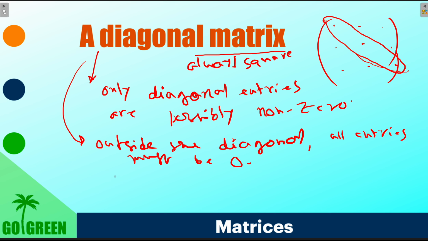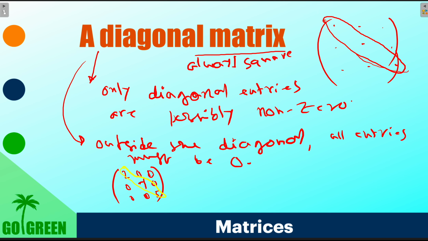So for example, if I write this, let's say 2 0 1, 0 minus 1 0, 0 0 5, okay? So what is the diagonal? The diagonal is clearly this. Now outside the diagonal everything is zero, therefore this is a diagonal matrix.